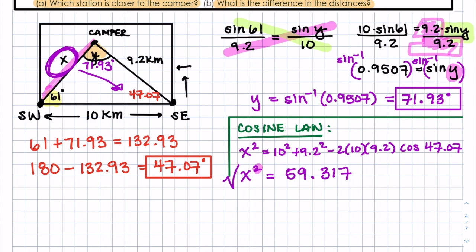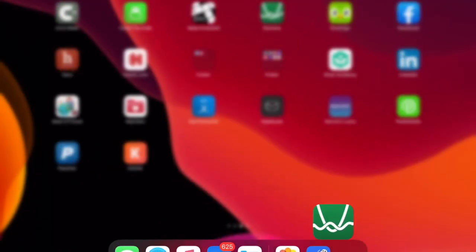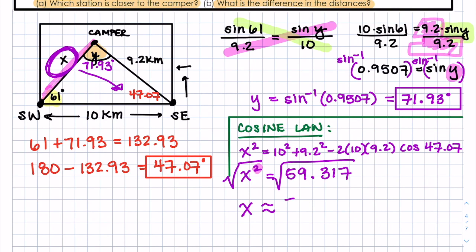So I'm going to take the square root. And if I do that, I will get approximately the square root of 59.317, so it looks like 7.7 kilometers.